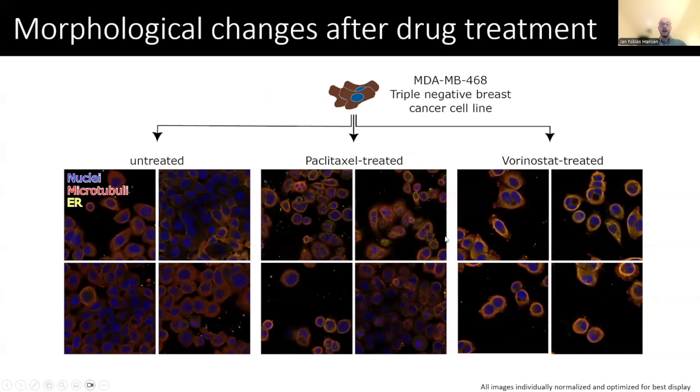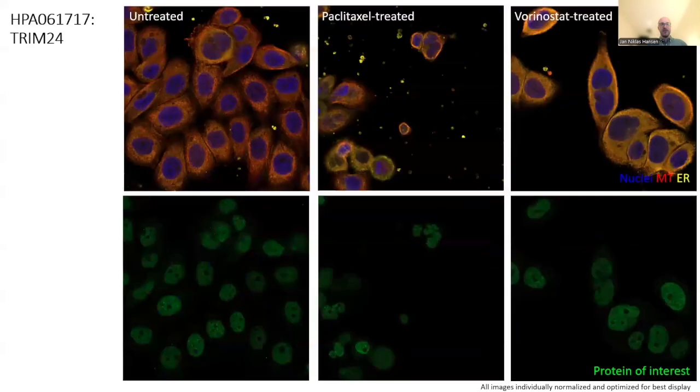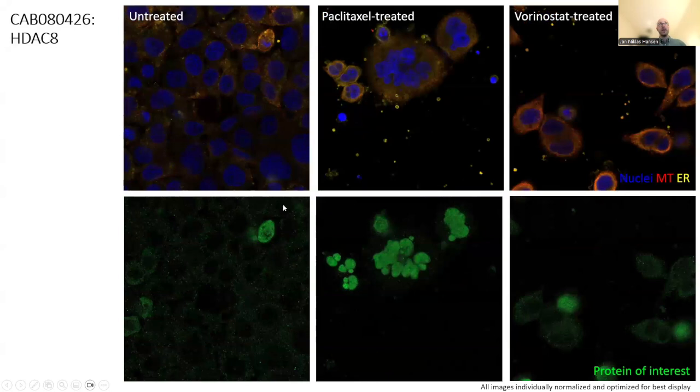Now, when we look into the protein localization of the MAP protein, I can show you a few examples. For example, here we see TRIM24, which localizes to the nucleoplasm in all three conditions. But we also see proteins, this is an enzyme, that significantly change their location. For example, HDAC8 is mostly in the cytoplasm in untreated cells, and then we find it only in the nucleoplasm of paclitaxel treated cells.